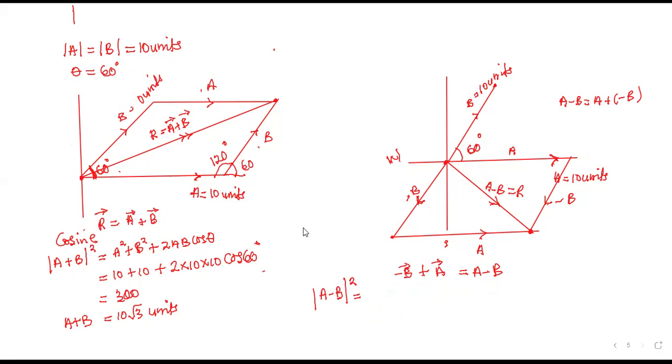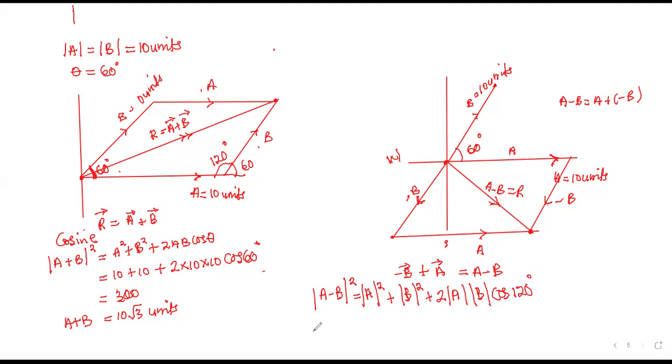This thing is about the magnitude of A squared plus the magnitude of B squared plus 2 times the magnitude of A times the magnitude of B times the cosine of the angle separating them, which is 120.